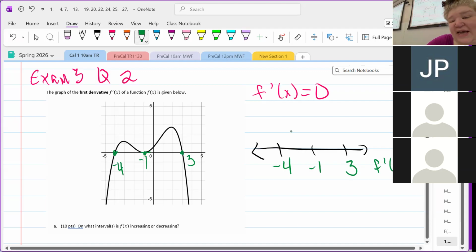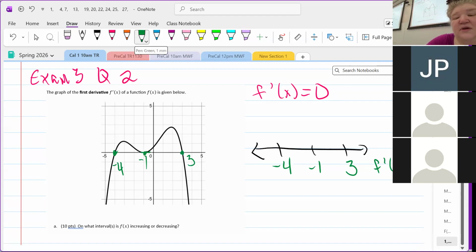Now we would pick test values, plug them into the derivative, and then see if the derivative is positive or negative. So before -4, is the derivative positive or negative? The values of the derivative before -4 are negative. The values between -4 and -1 of this graph are positive.